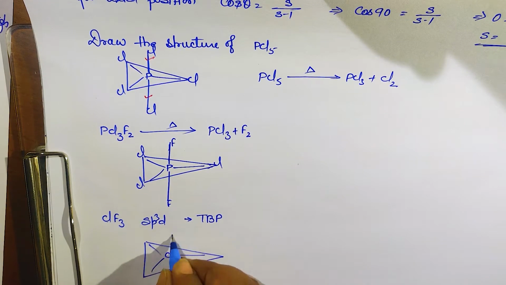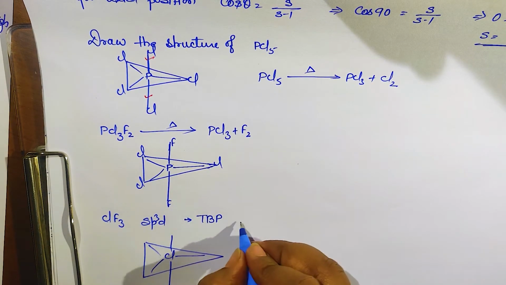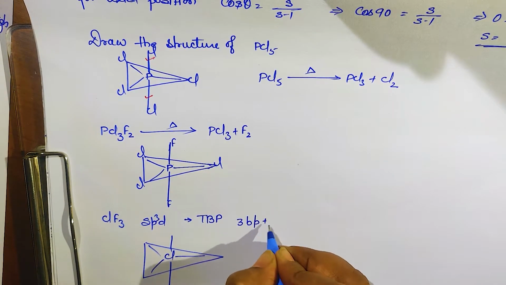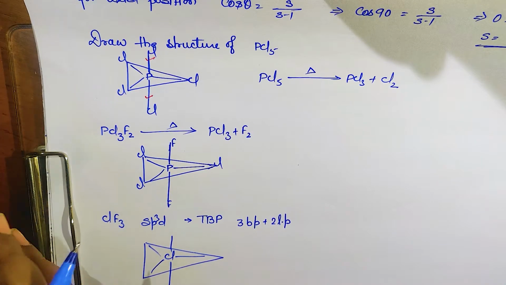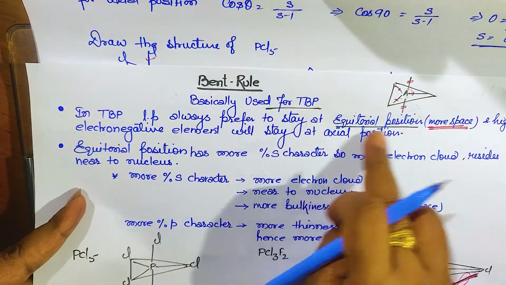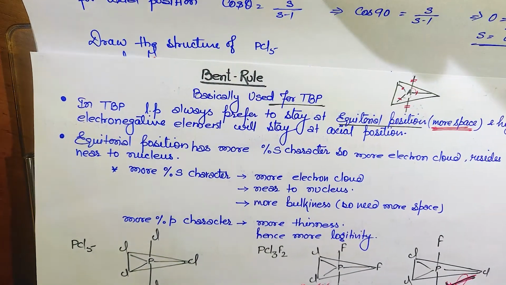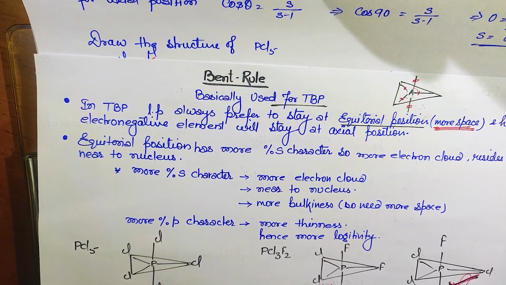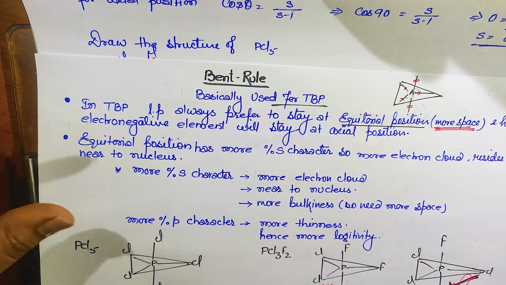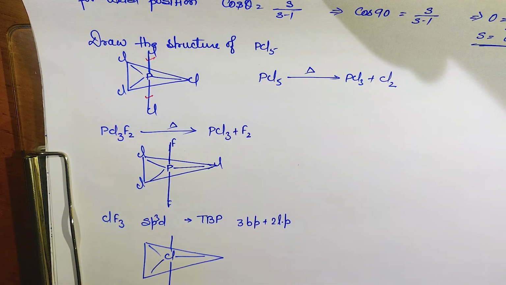Chlorine, and here this is. Now, in this case, there are 3 bond pairs and 2 lone pairs. So where do we have to keep the lone pair? Lone pair always tries to reside at the equatorial position according to Bent rule. Be very careful. We will always keep the lone pair at the equatorial position first.